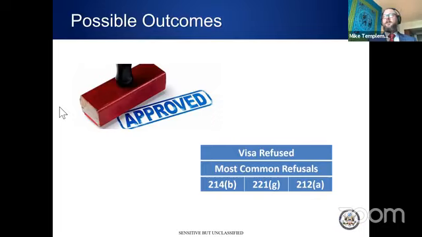It could be that someone is believed to be an intending immigrant to the United States and might misuse a particular visa. All of these things are possible, and I just want to put out there the range of possibilities, okay? But you will be notified at the time of the interview. Next slide, please.